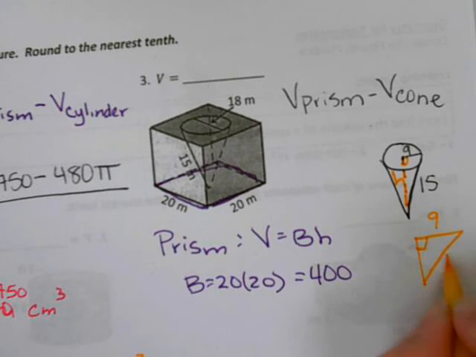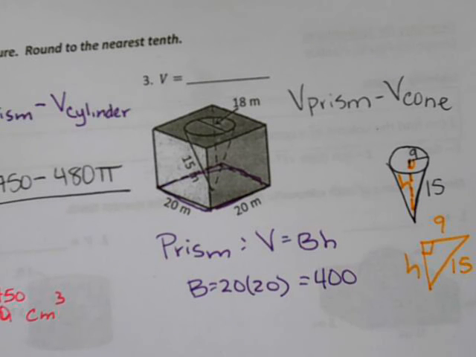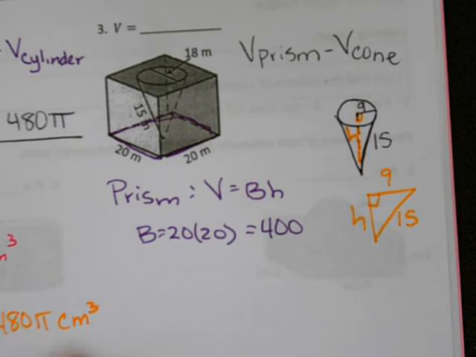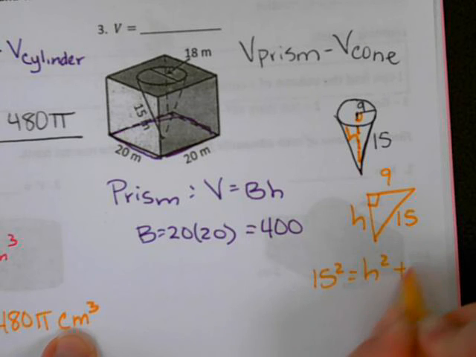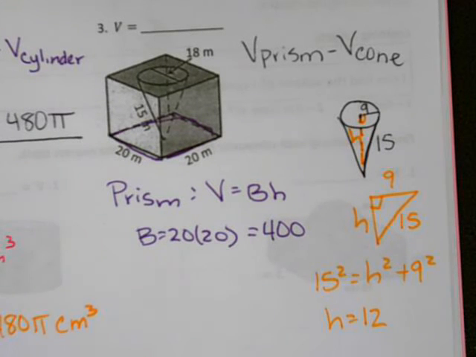We have a 9, a 15, and the H. The H is going to be the height of our prism and the height of our cone. So we luck out that doing Pythagorean theorem just once gets us the answer we want. So 15 squared equals h squared plus 9 squared, and you'll get to h equals 12. Cool. Sorry about that. I forgot we had to do that first.